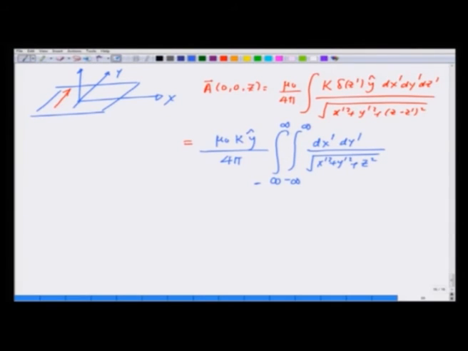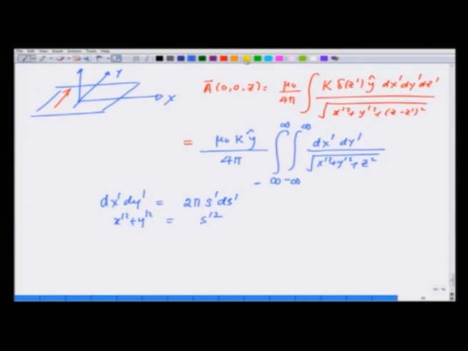So, I can convert this area integral into cylindrical coordinates or planar polar coordinates, whereby dx prime dy prime I can write as 2 pi s prime d s prime, and x prime square plus y prime square is s prime square.